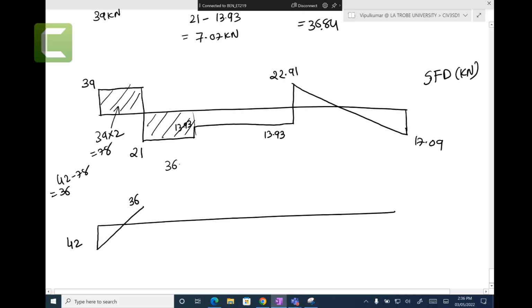So 36 take 42 gives you minus 6. And then you have another one here, 13.93 times 4, 55.72.